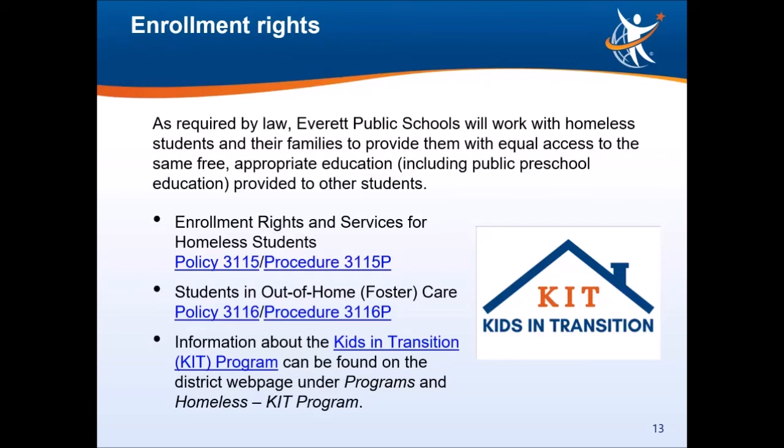Our KIT program ensures eligible students have school supplies and provide tutoring or facilitate student participation in extended day or summer school classes. We help students participate in activities such as sports or clubs by paying the required fees. KIT also provides transportation for eligible students to maintain school stability as long as the commute is feasible.